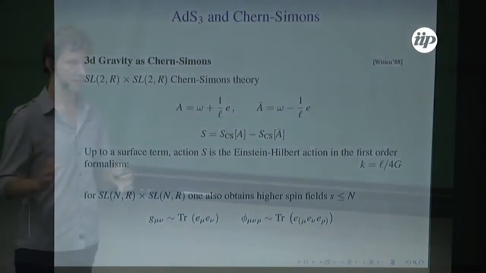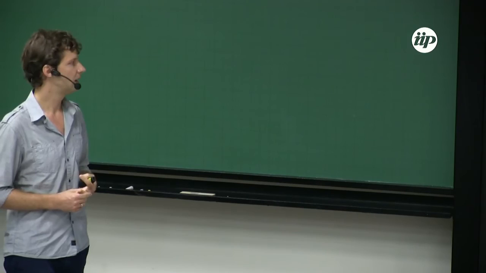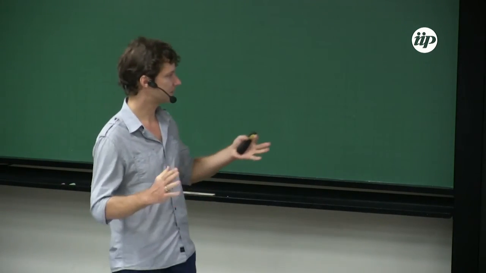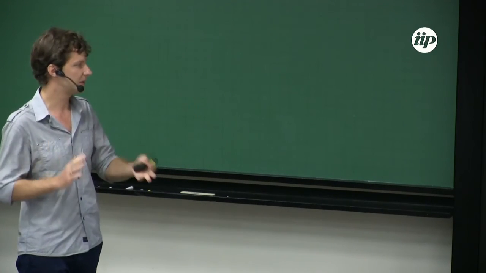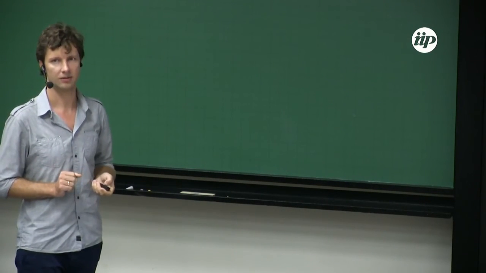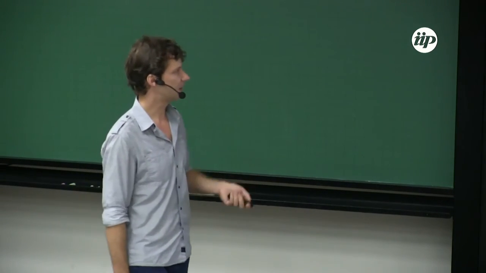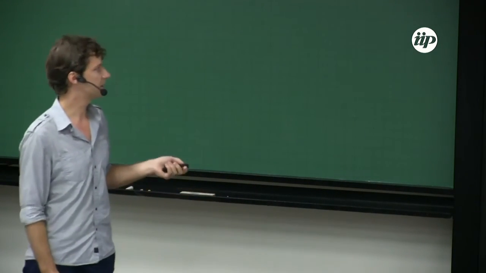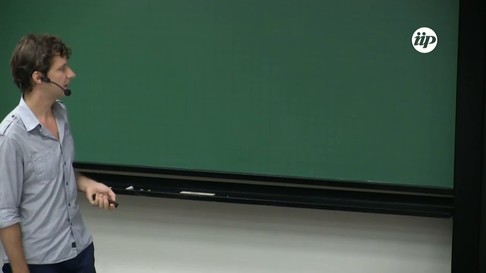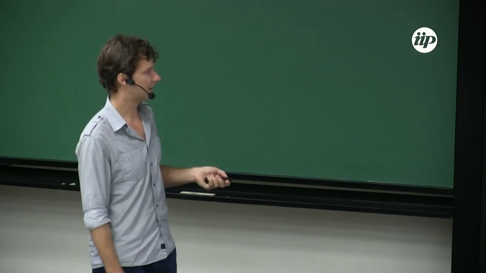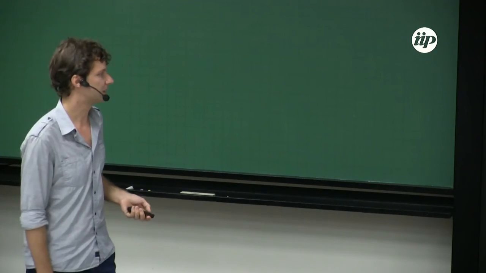Well, a complicated question from the point of view of people studying gravity theory is how to couple higher spin fields to just regular gravity. And in this Chern-Simons picture, it comes automatically. Instead of SL(2) cross SL(2), you consider SL(N) cross SL(N), and this gives you higher spins consistently coupled to the metric.